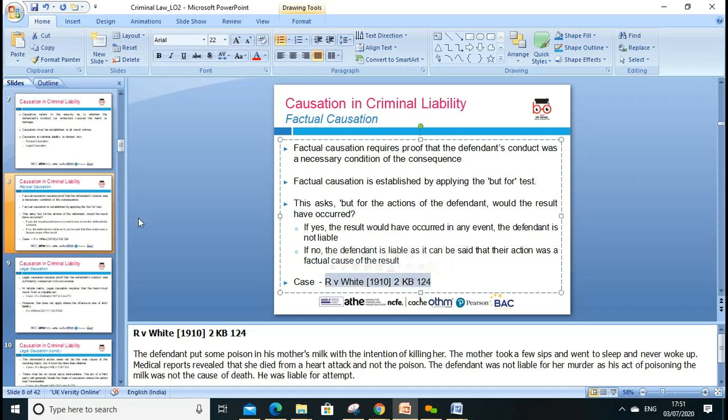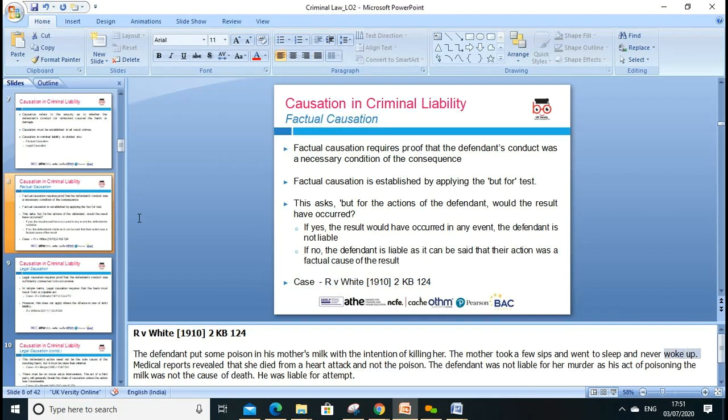If not, the defendant is liable, as their action factually caused the result. In this case law, the defendant put some poison in his mother's milk with the intention of killing her. The mother took a few sips and went to sleep and never woke up. The medical report revealed that she died from a heart attack and not from the poison.